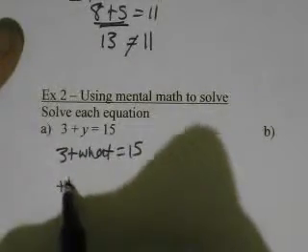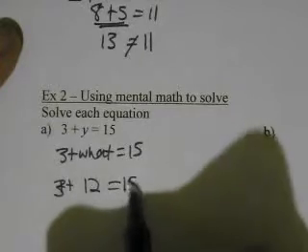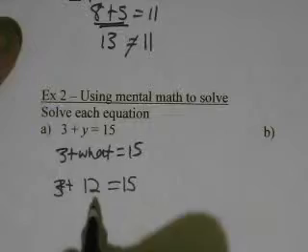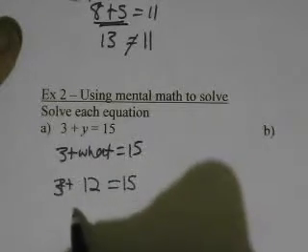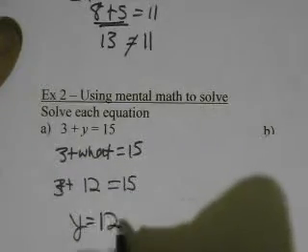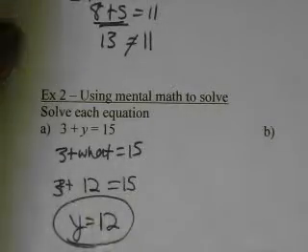Hopefully, you're thinking, if I have 3 times 5, that equals 15. So in this problem, our variable y equals 5. That is our solution. y equals 5.